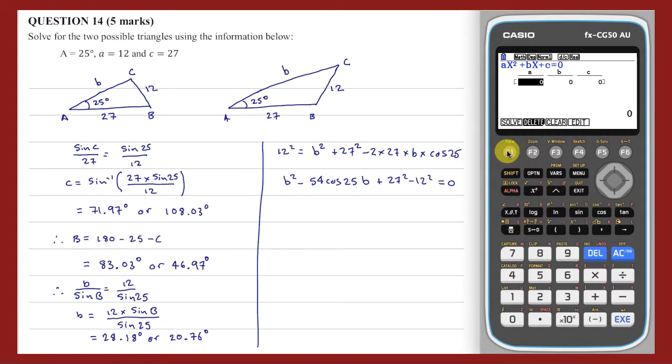Enter the coefficients a, b and c from your quadratic in general form. Press F1 to solve. With these two values for side length b, we could then use the sine rule to find angles B and C and continue from there.